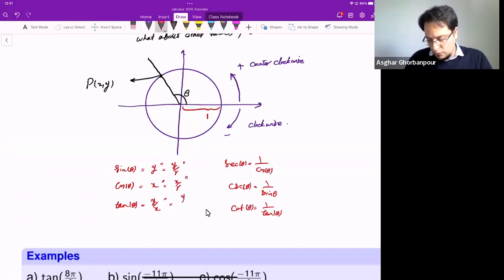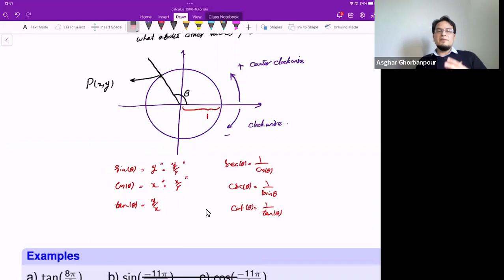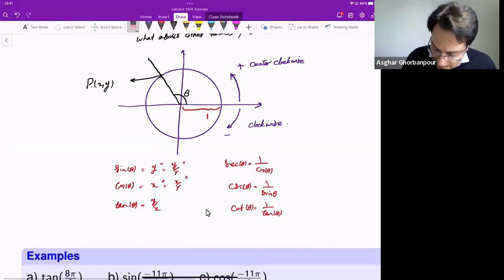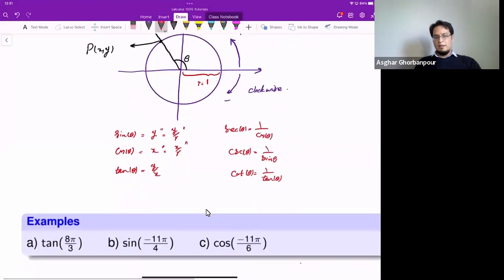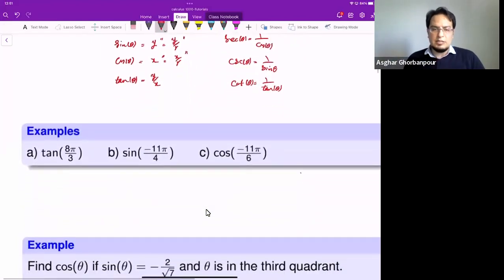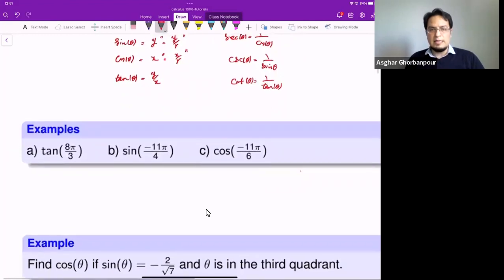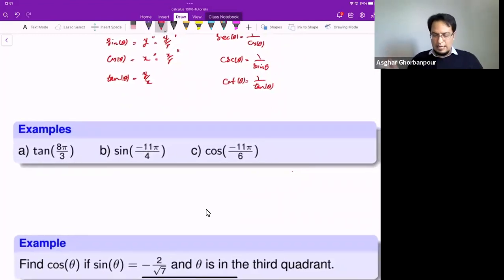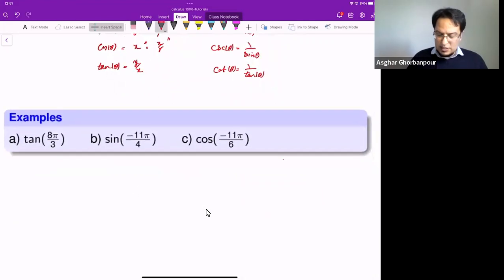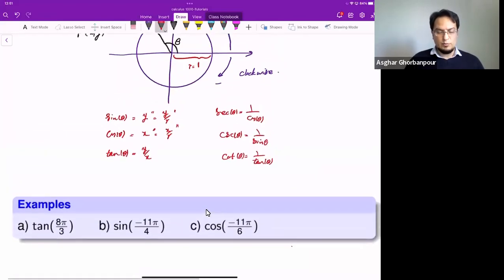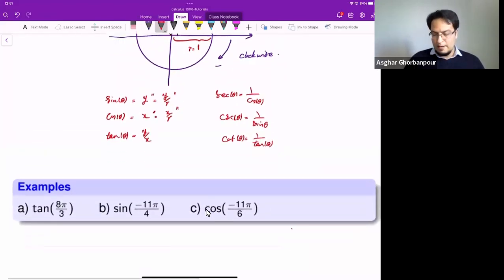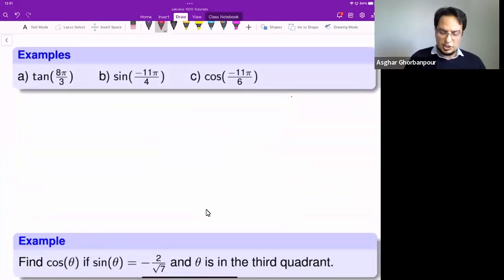But if you pick r to be 1, then you don't really need to bring that r into your ratios. Let me show you an example how this works, and right away you will notice that this is nice. This will work for more general angles, this idea of working with the trig circle. Before I start doing examples, are there any questions, any comments for me?